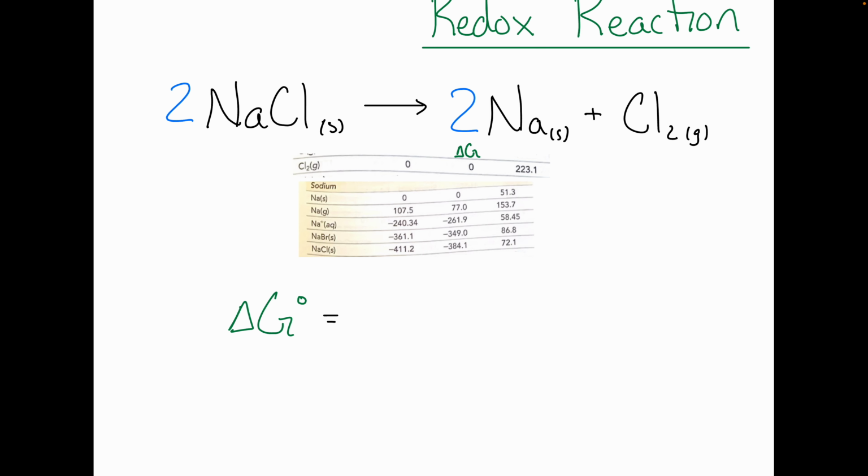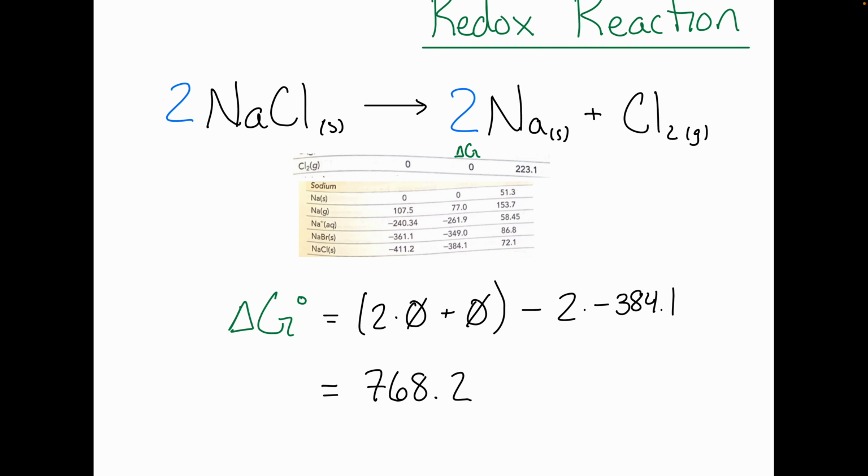Right, so remember it's products minus reactants. So 2 times 0 plus 0 minus 2 times negative 384.1, or we get a delta G of positive 768.2 kilojoules per mole.